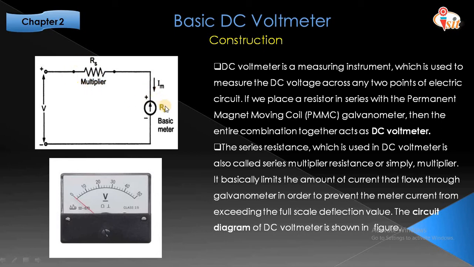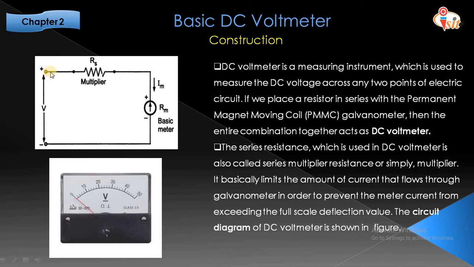This permanent magnet moving coil instrument is connected in series with the multiplier, and the entire combination will act as a basic DC voltmeter. If we place this series resistance in series with the galvanometer, then it acts as a multiplier.